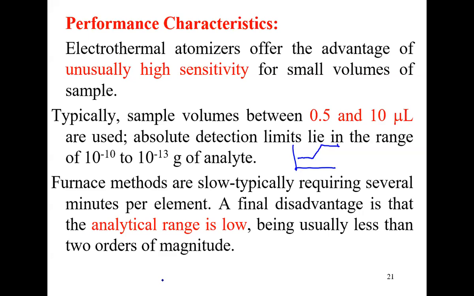And then from there, the atomization step. So the furnace methods are typically very slow because of the three stages. And a final disadvantage is that the analytical range is low. Usually, that's why it's not precise. It suffers from precision. But nevertheless, we use it because of the low detection limit.